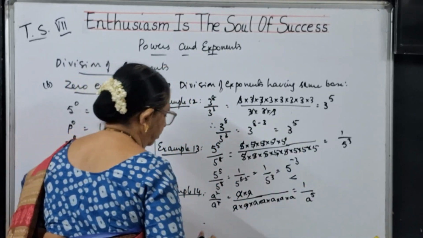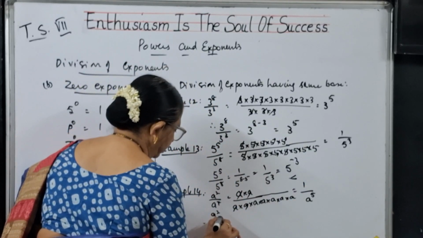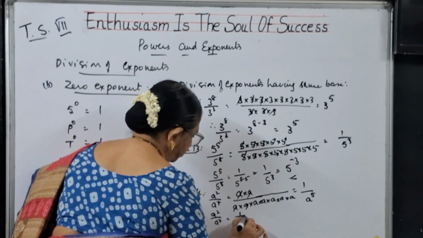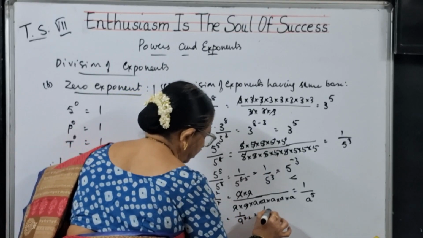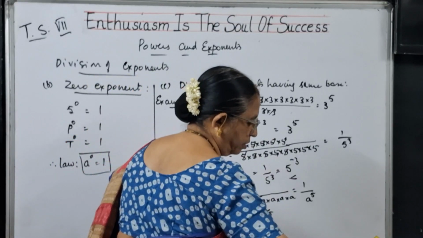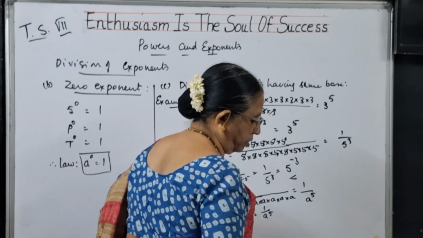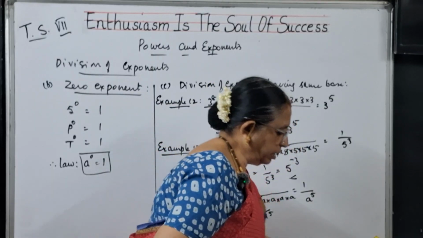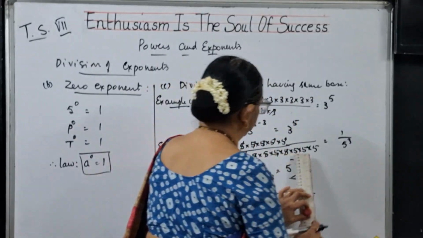So you are getting a to the power of 2 by a to the power of 7 is equal to 1 by a to the power of 7 minus 2, 1 by a to the power of 5. So this is what you are getting, children. Basing on this, you are getting a law.